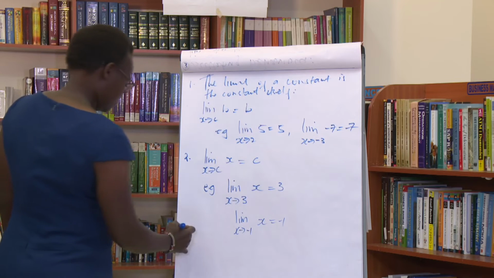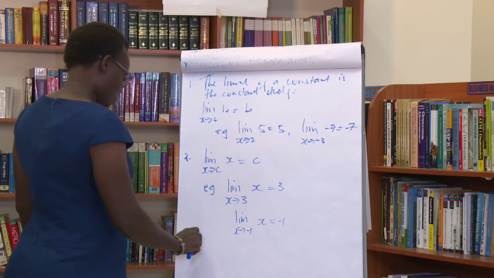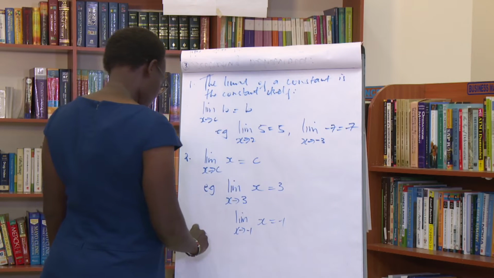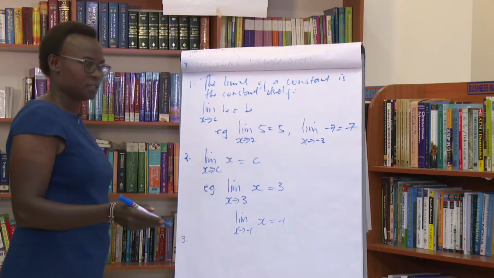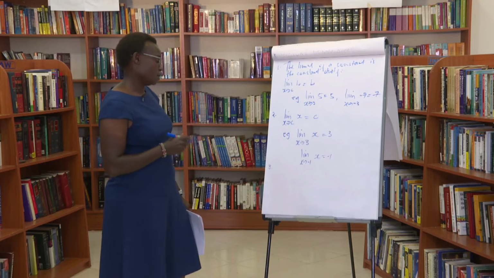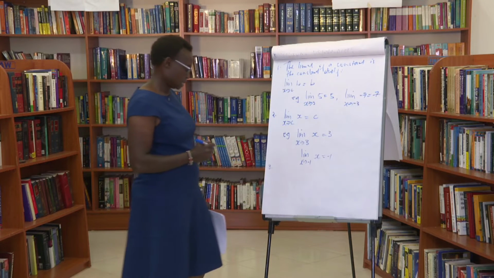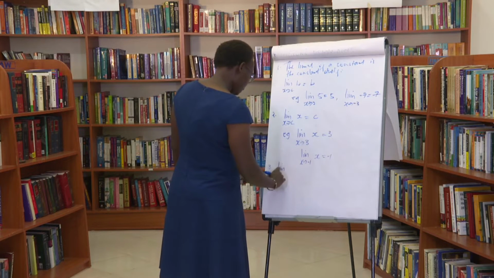Then the third rule is the constant multiple, where we have a constant multiplying our function, or our function pre-multiplied by a constant. So if our constant is b, we have the limit as x tends towards c of b f of x.